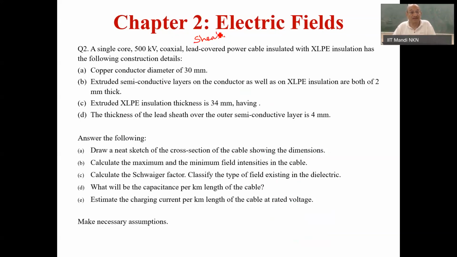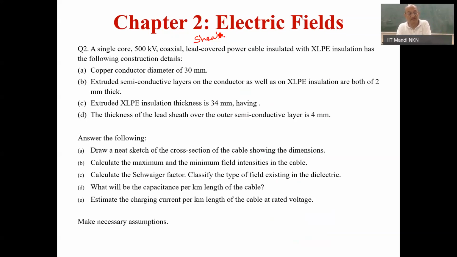Lead is a very heavy metal, and providing a lead sheath as a cover to the main cable construction, that is the conductor and the insulation, is no joke. Lead presses are required, and the lead melts at not a very high temperature. So that temperature is brought up to where the lead can be extruded.